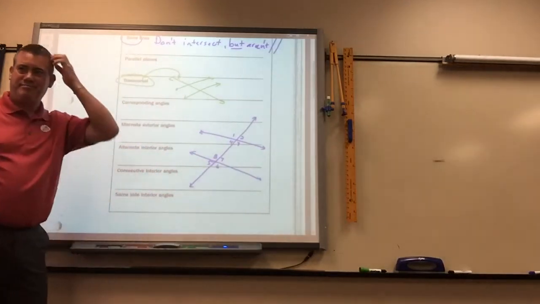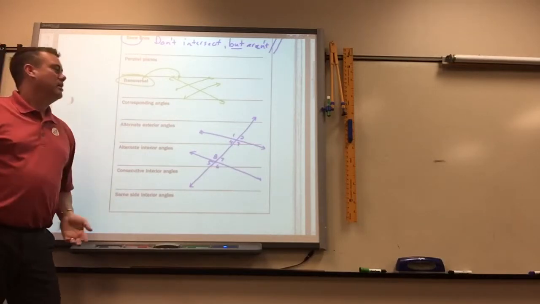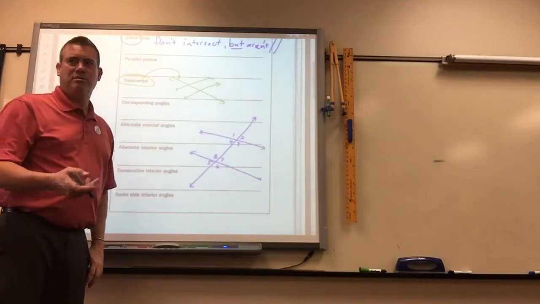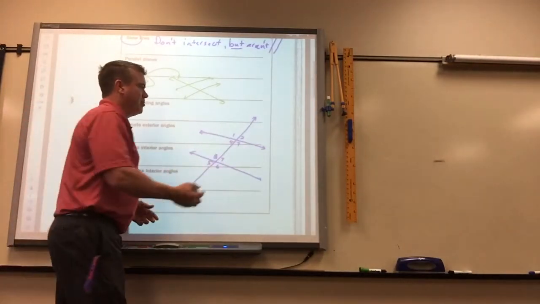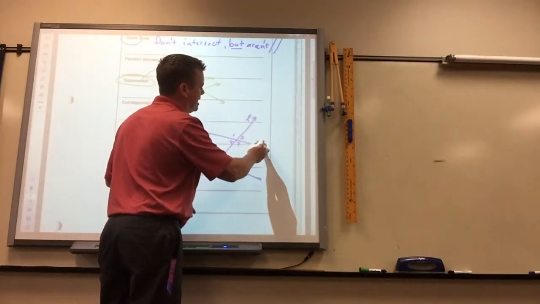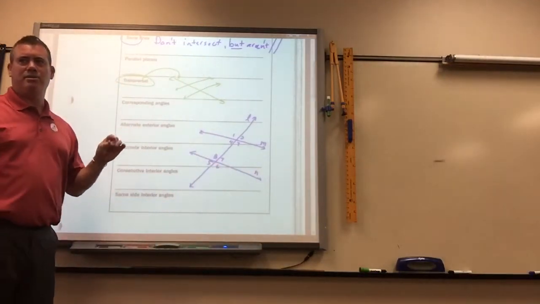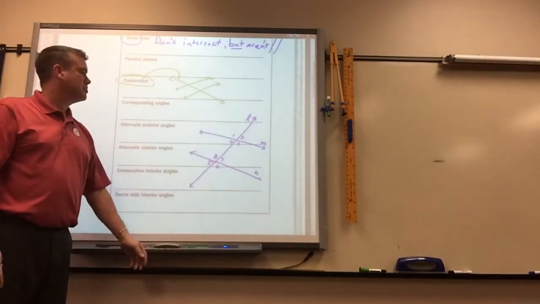Right? When they label these lines in the pictures like this, they call this like line L, line M, line N, like that. They use lowercase letters to label a line.